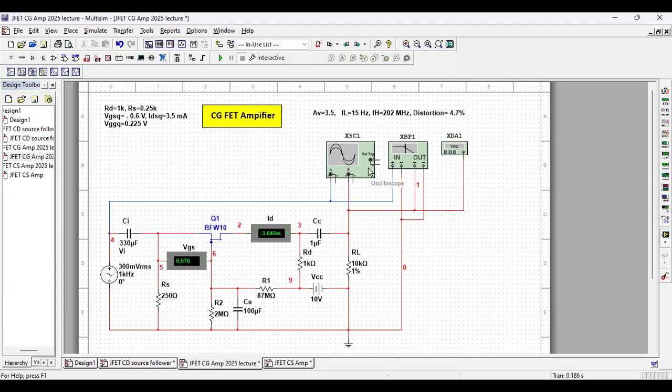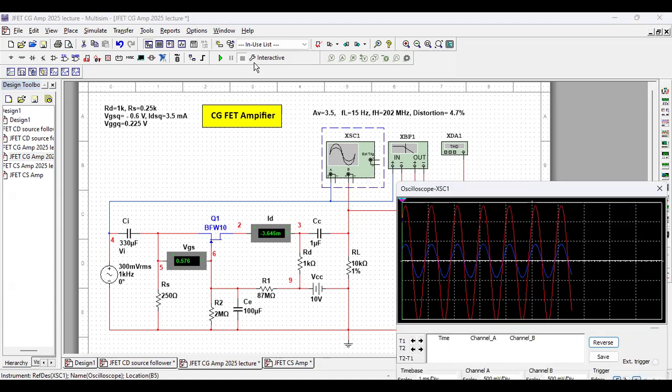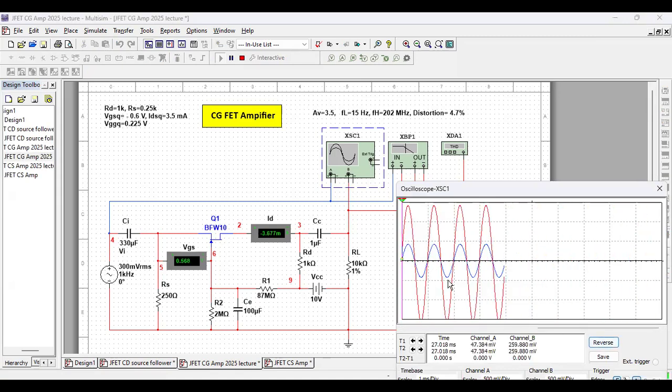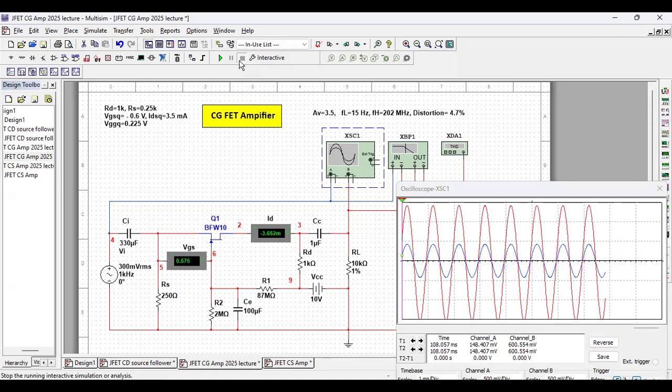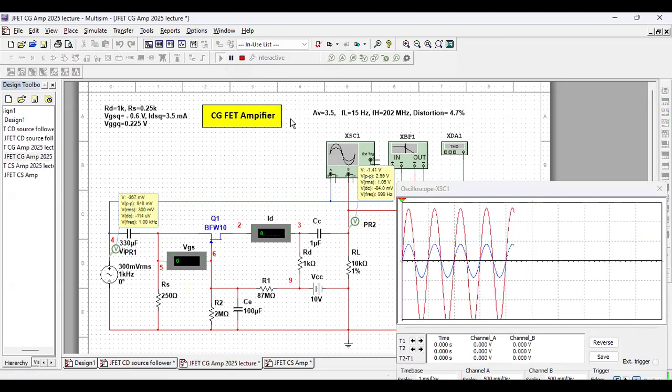Here, once again, if I run this amplifier, the blue line is the input and the red line is the output. Fine? Similarly, you connect a voltage probe at the input, another voltage probe at the output, and find out their values.